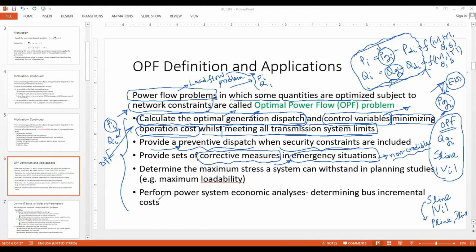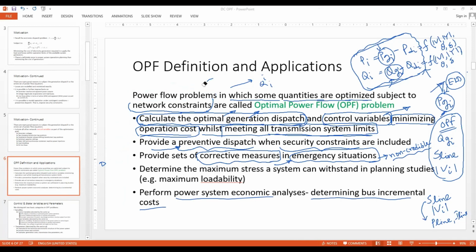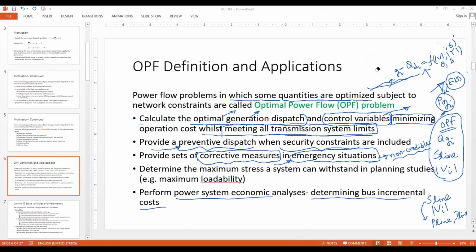And there could be other choices like determination of bus incremental cost by considering some different kind of power system economic analysis. So this is the definition of OPF basically, and some of the different applications where we may see the necessity of OPF, or optimal power flow.